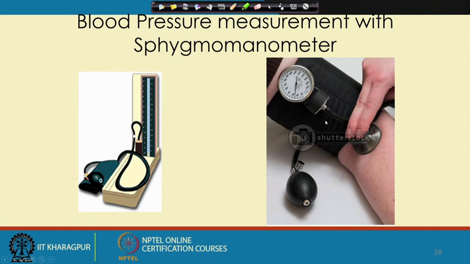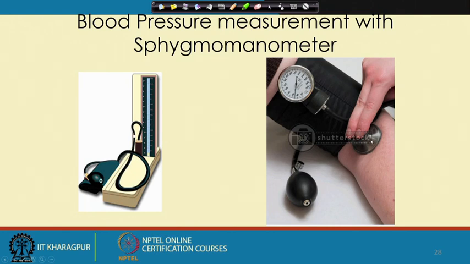This makes the flow of the blood turbulent, because for the whole cycle blood cannot flow; the pressure is just below the systolic pressure but above the diastolic pressure. So, only for a small part of the cycle can the blood flow, and that flow is turbulent, and because of that a sound is generated, and we can pick up the sound with the help of this stethoscope.